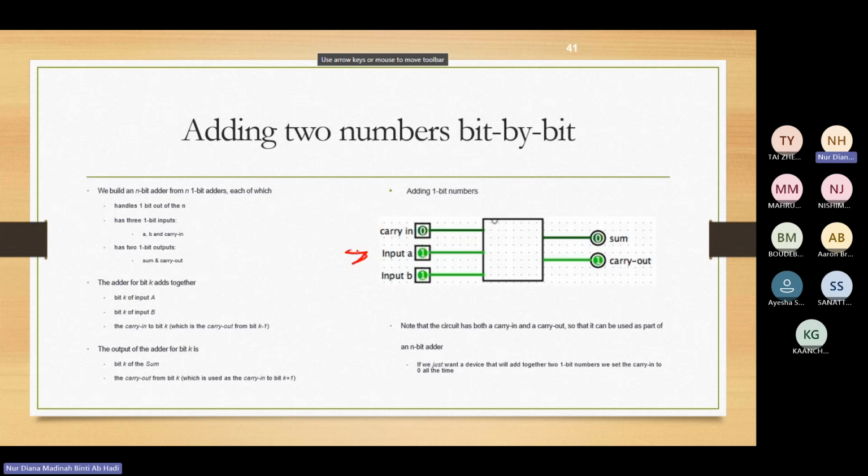We have 2 inputs because we want to perform an operation, so this one will be the operation signal symbol. We need the carry in and carry out, and the output, or the sum values. So far, do you have any questions? This one is easy to understand, right?